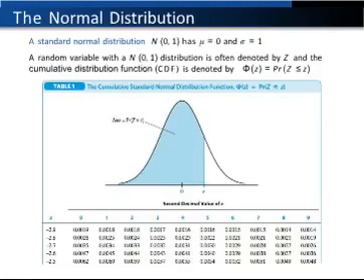A random variable with an N(0,1) distribution is often denoted by z, and the cumulative distribution function, CDF, is denoted by phi(z), which is equal to the probability that the standard normal variable is less than or equal to the value of z, tabulated.